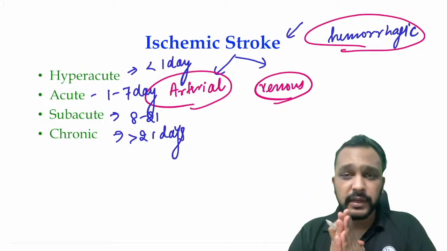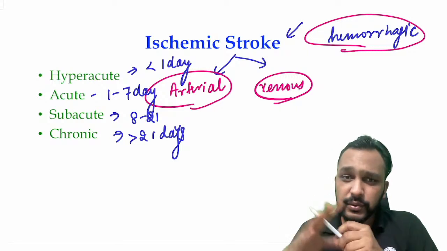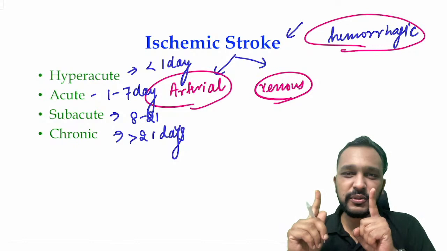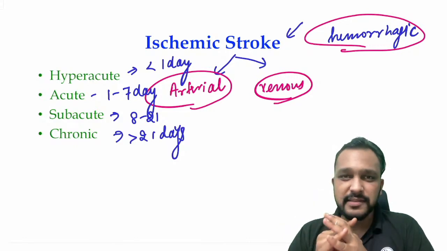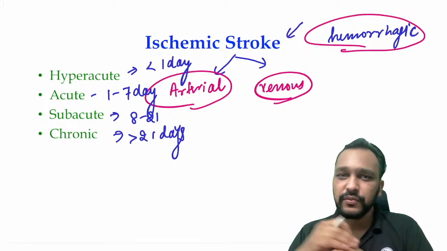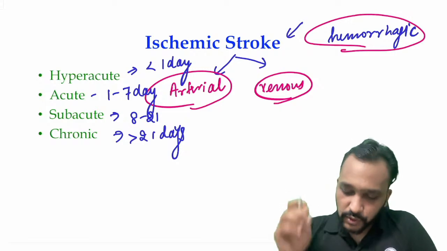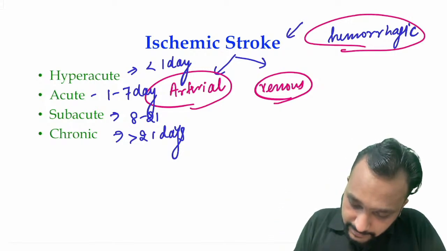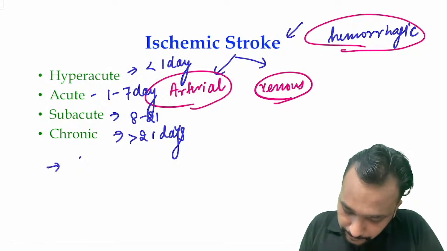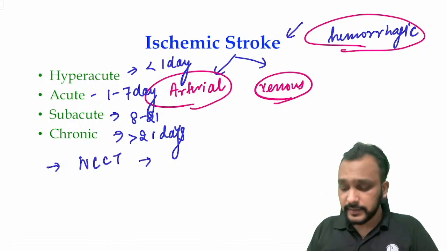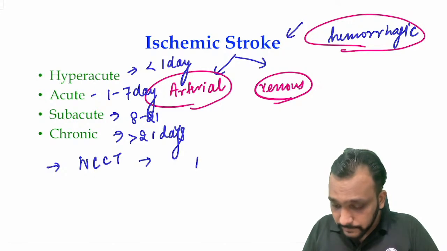So the most important features that you need to remember are for hyperacute ischemic stroke. The first question that is going to be asked from this topic is what is the investigation of choice for hyperacute ischemic stroke? So guys, if you are going to do an NCCT head in patients with hyperacute ischemic stroke, most of the time the NCCT head will be normal.